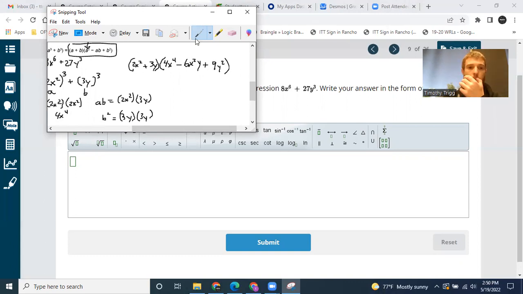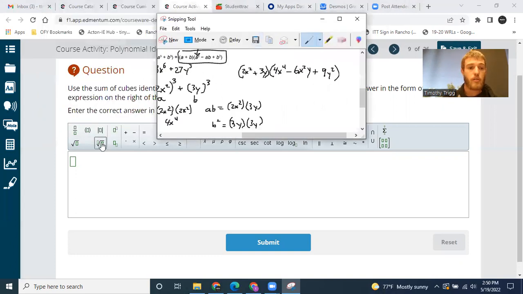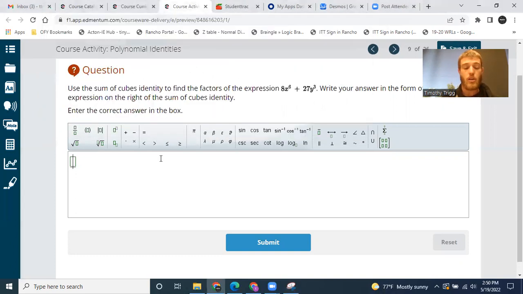And there you go. So when you want to put in your answer, make sure to use this equation editor. You can make your answer look very nice. So what is it again? 2x squared plus 3y, 2x. So when I want to do squared, I'm going to use this little tool right here.